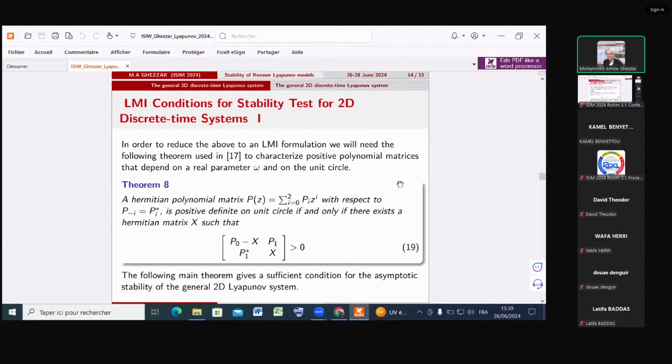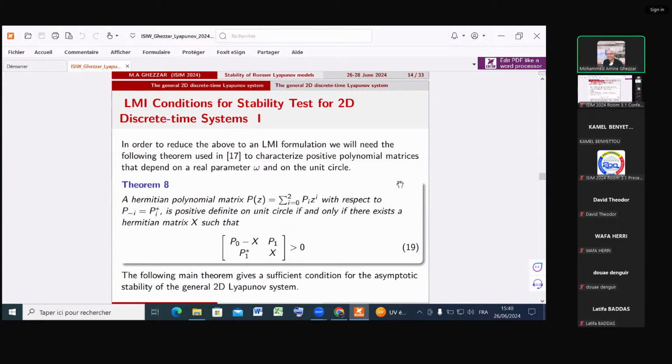And we also deal with theorem 8, which uses the so-called matricial polynomial or polynomial matrices. It's just polynomials with matrix coefficients.